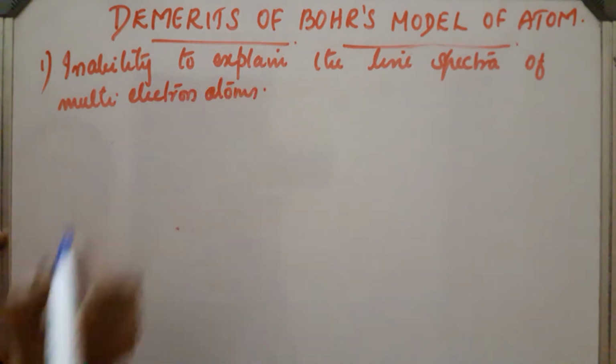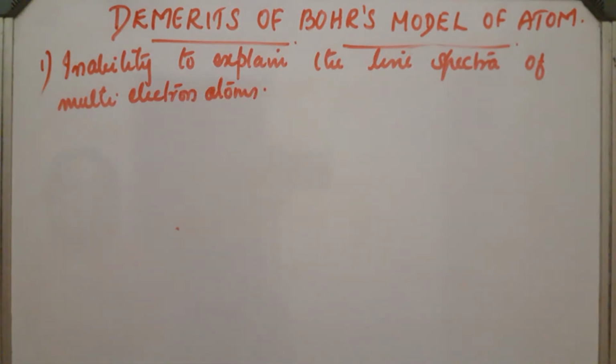That is, Bohr's model could explain only the line spectra of hydrogen atom and hydrogen-like species. It could not explain the line spectra of atoms containing more than one electron. Okay, this is the first point.